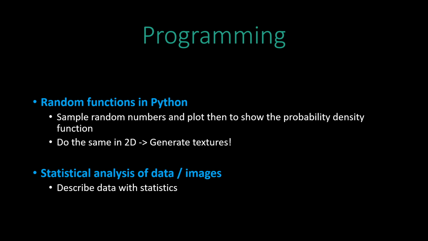But let's now try how to actually use them, and then let's use them to generate some textures, even though these will be basic ones. The statistical analysis of data, I think we will get into that more in the next classes.